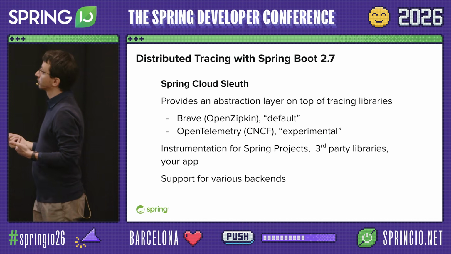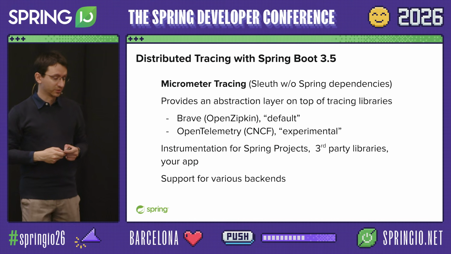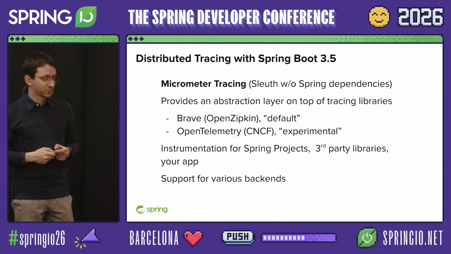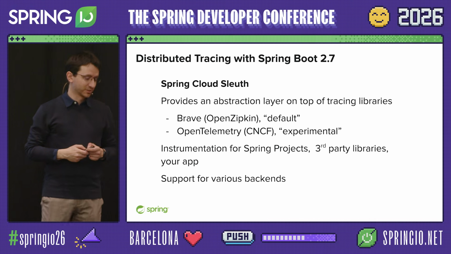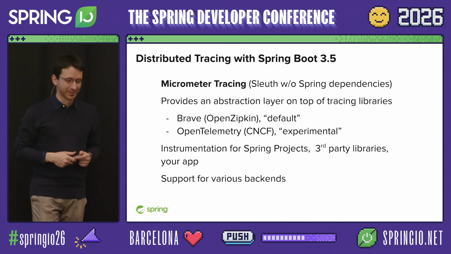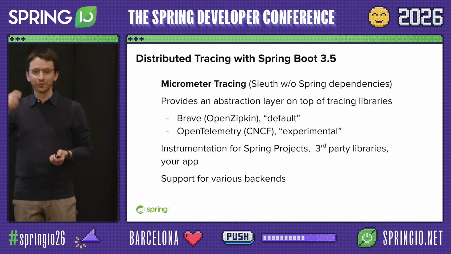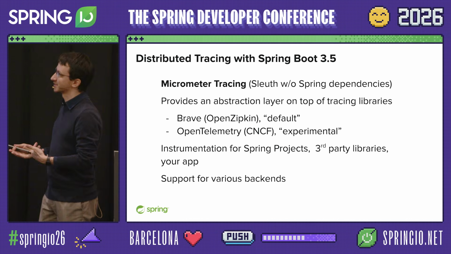So what do you need to do if you have 3.5? Let me jump between these 2 slides. Can you spot the difference? Not much. What happened in this Spring Boot 3.0 timeline when we released 3.0? We also released a project called Micrometer Tracing.